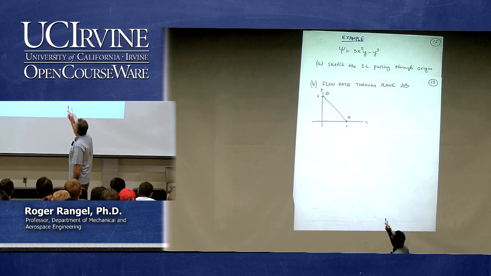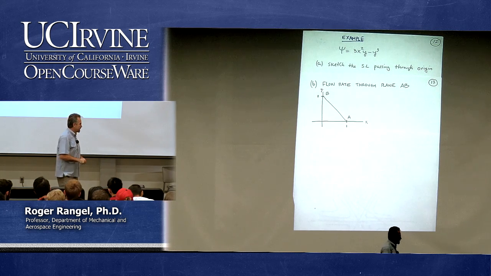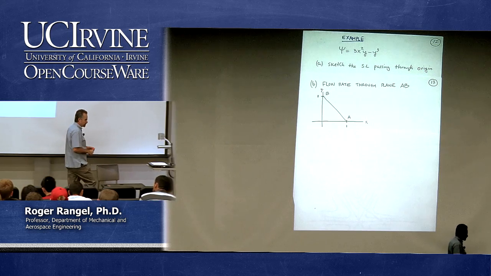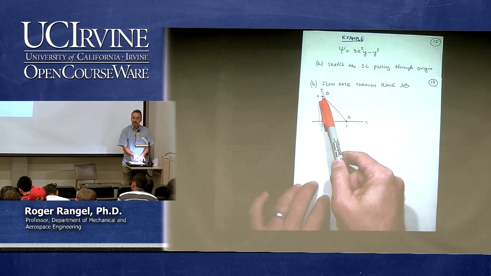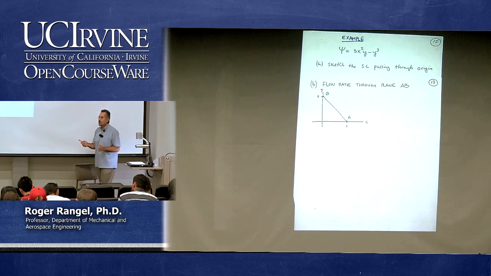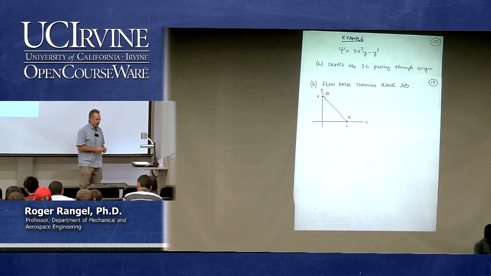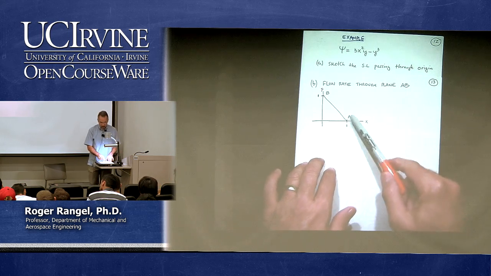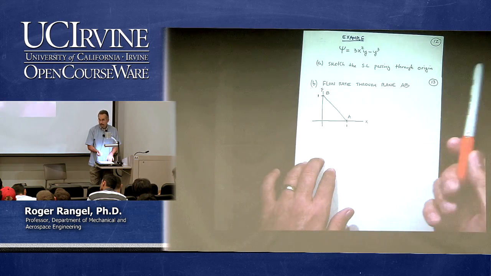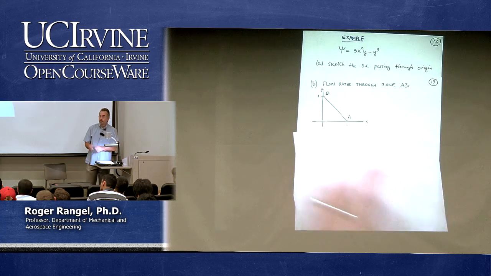So essentially, find the value of the stream function at those 2 points, at the 2 points that intersect the axis. Right? So find the value of the stream function here, find the value of the stream function there. Even without knowing the shape of the streamline that goes through those 2 points, we don't really need to. There is a streamline that goes through there, one or more, and another one that goes through there. And I don't really need to know the shape of them.